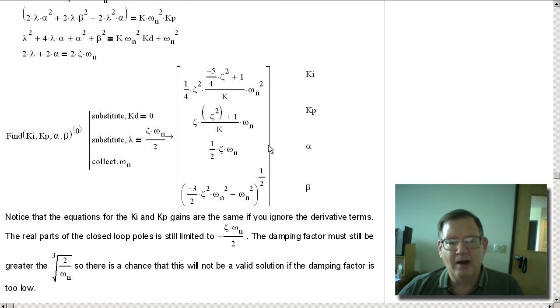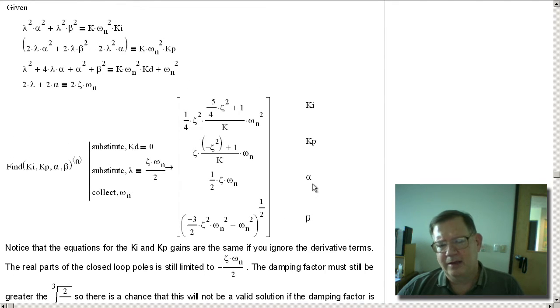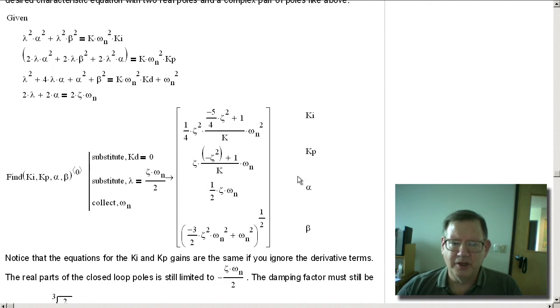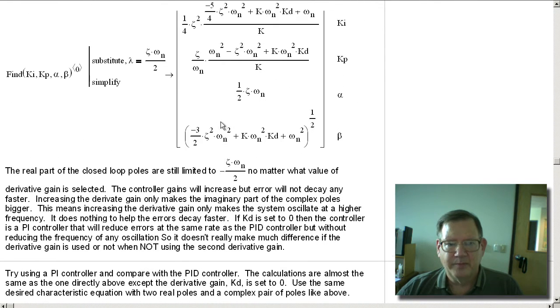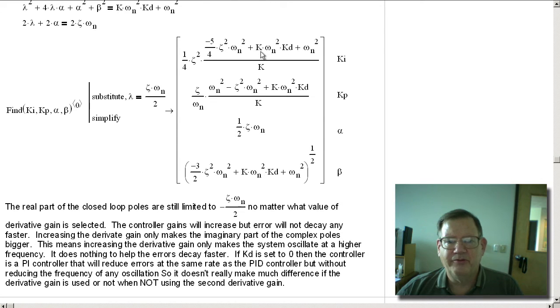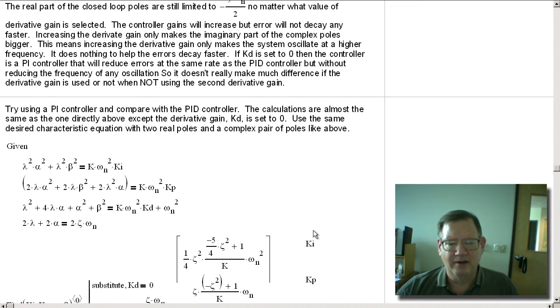And what I calculate out is the integrator gain, the proportional gain, the real pole, the real part of the complex pole, and the imaginary part of the complex pole. If you take a look, this solution is the same as the solution above, except this one's got the derivative term in it. So they're basically the same solution. If I make Kd 0, then I will have the same solution as what I have down here, which makes sense.